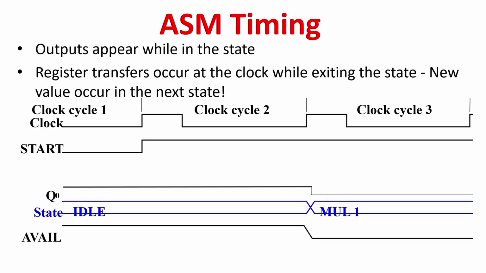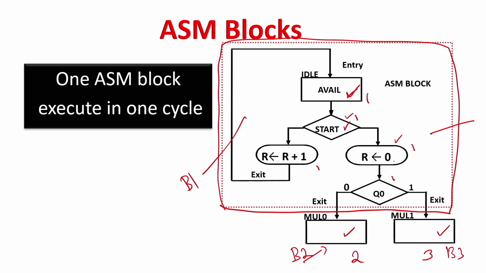So, in the previous ASM examples, because the whole thing executes in one cycle, whenever start is equal to 1 and Q0 is equal to 1, in the next cycle it goes to this small one.